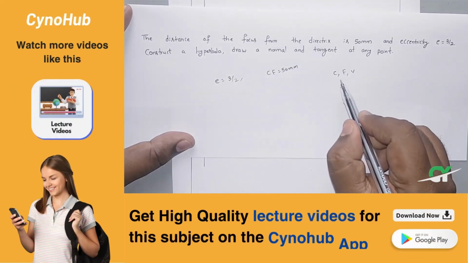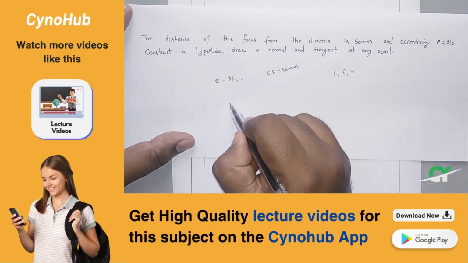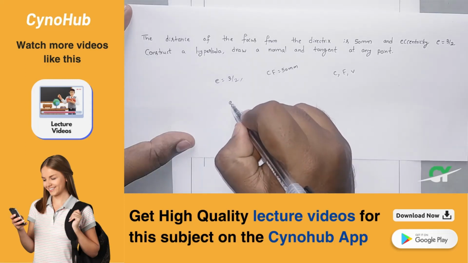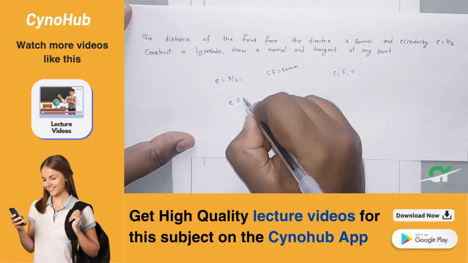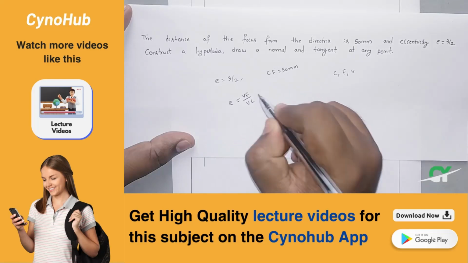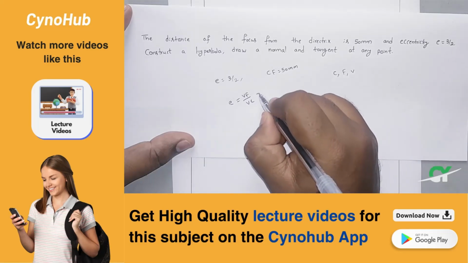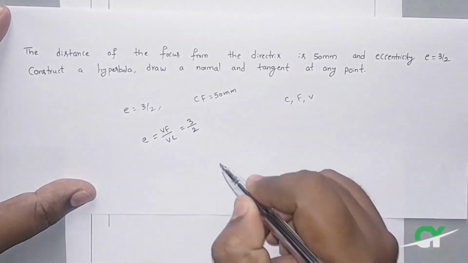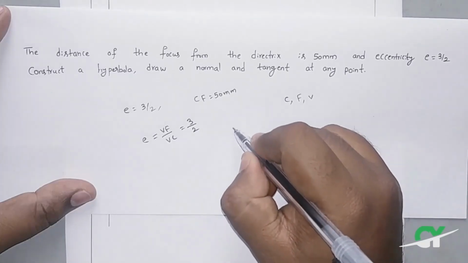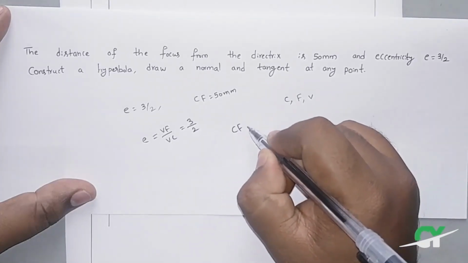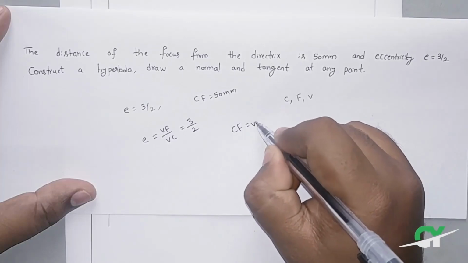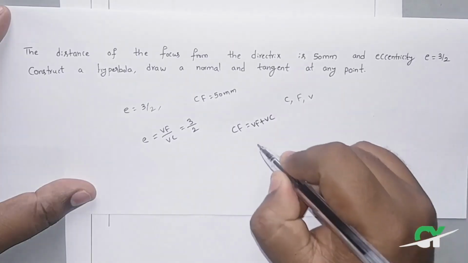To find the positions of these three points, we know that eccentricity e equals VF by VC. They gave it as 3 by 2, and we know that the distance from the fixed point to the directrix equals VF plus VC.